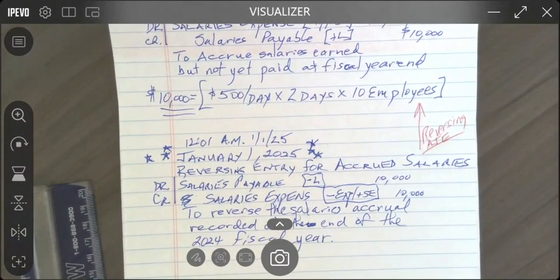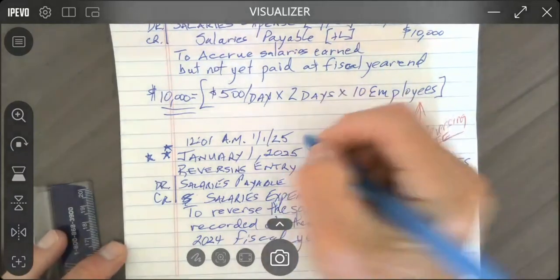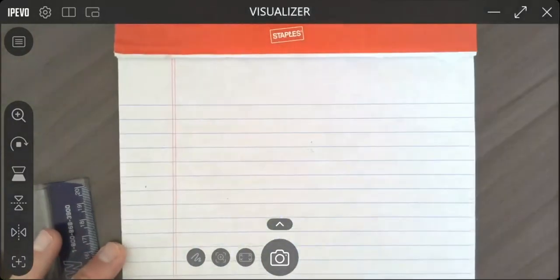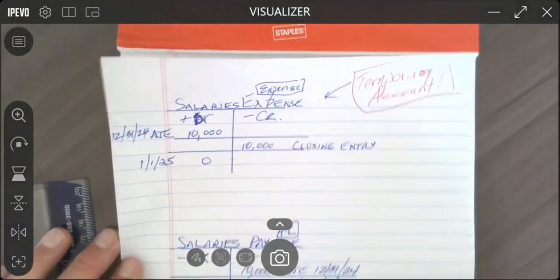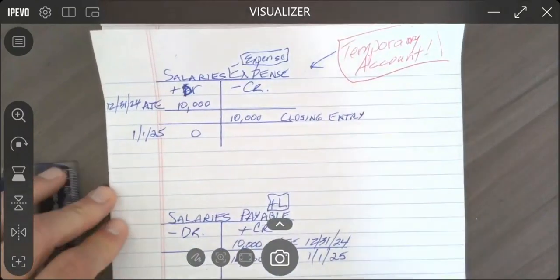We have now recorded the reversing entry in the new year, and let's post it and see what we accomplished by doing so. Well, this was weird.